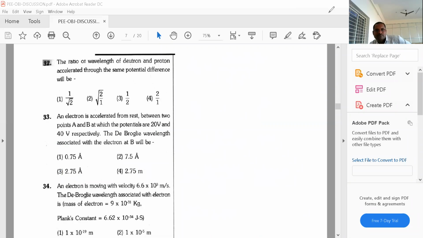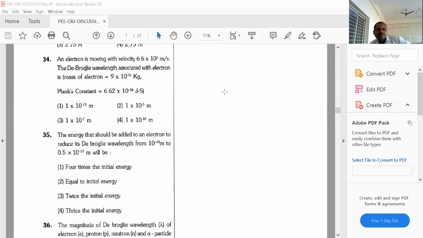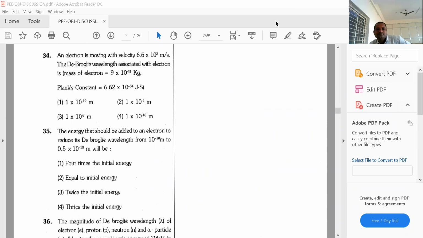Next, 34. Question number 34. What have they given? An electron is moving with a velocity of 6.6 into 10 to the power of 3 meter per second. De Broglie wavelength associated with the electron. De Broglie wavelength lambda is equal to h by p, nothing but h by mass into velocity.